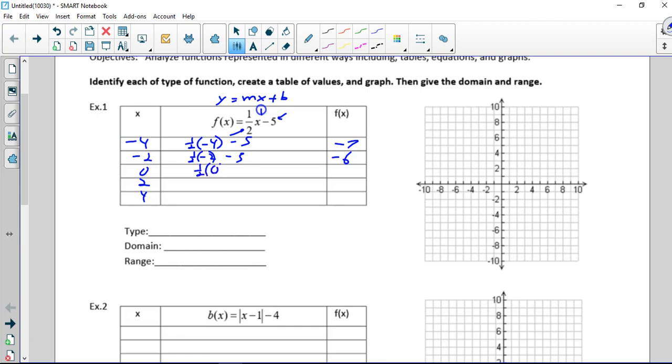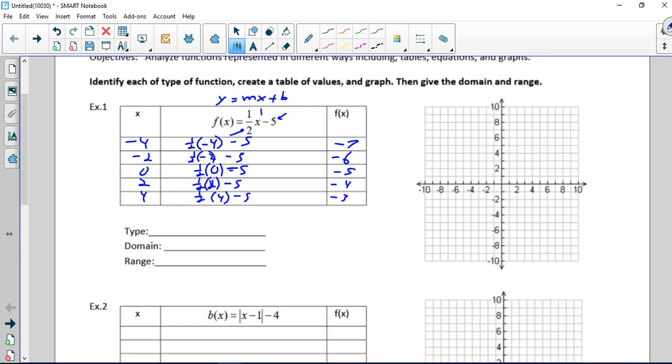Half of 0 is 0, minus 5 is -5. Half of 2 is 1, minus 5 is -4. And you can kind of see where this is going. Half of 4 minus 5, -3.